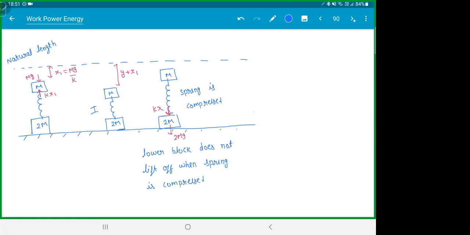So if you want to lift off the block, the spring should have been elongated. The lower block lifts off when the spring is elongated. Because you need to pull.